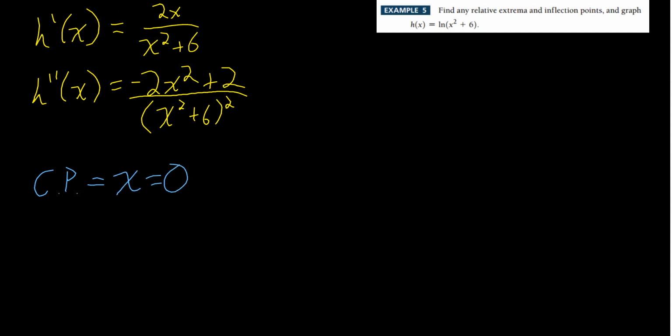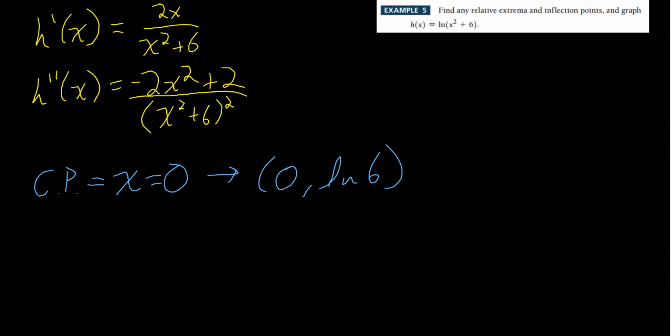Now we have to figure out the coordinate of that, which means figuring out the y value. All I have to do is plug this 0 into my original function. So I'd have the natural log of 6. So my point is 0 and the natural log of 6. This is where my critical point is located.